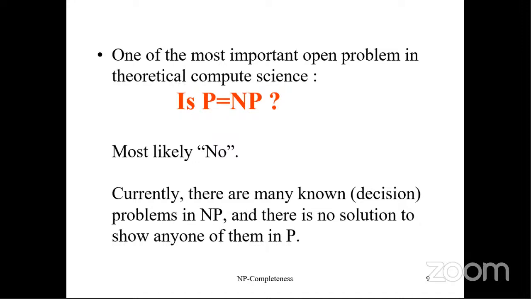Rather, we have seen that the problems that are classed in P are also solvable in NP, which makes P a subset of NP. So there are many non-decision problems in NP. However, there is no solution to show that any one of them is in P.